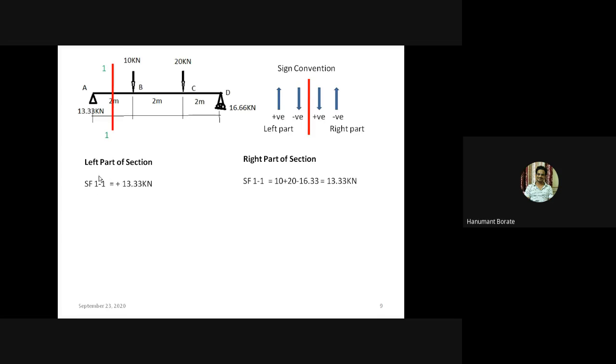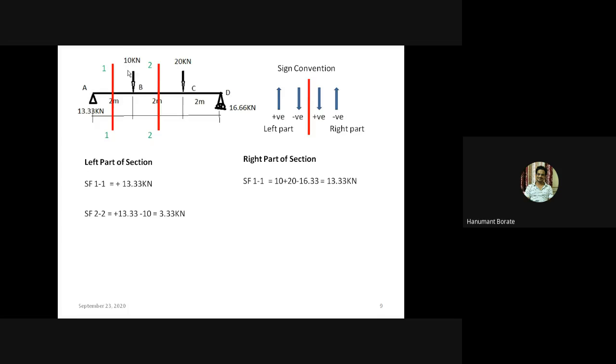So once again we'll get the same answer, 13.33 kilonewton. By considering the left part or the right part, we found the shear force at section 1, right? Now similarly, if we take a section 2, and divide the beam into two parts at section 2, forget about section 1. If we consider the left part, there will be two forces.